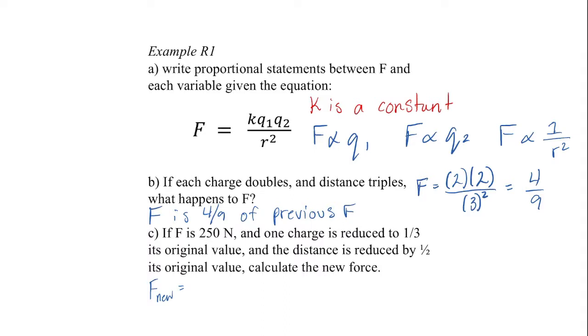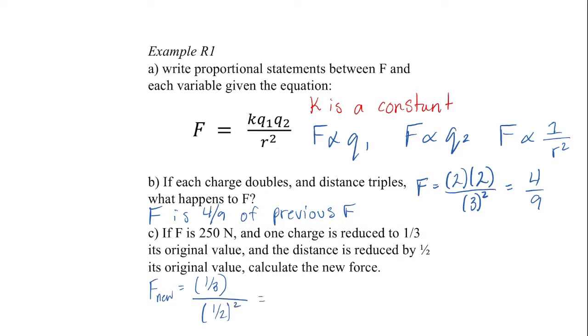Just assume everything was 1 before and change what's going on. Of course the k didn't change. We'll say q1 was reduced to 1/3 of its original value. The other charge didn't change, so I'm going to ignore that as well. So k and q2 are ignored. And then I'm changing the distance, so I should divide that by 1/2. But then I have to square that because we always square the distance.